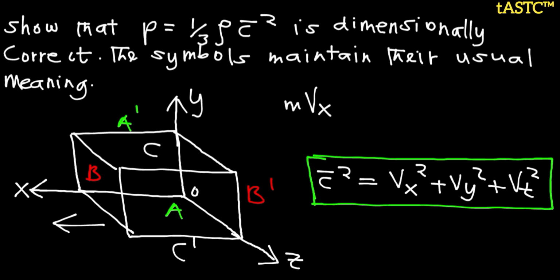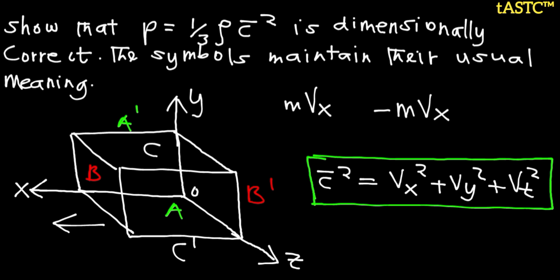So as it strikes this part, we're going to have another amount of momentum, which in this case, I'm going to say we have it as minus mvx. So there are actually two momentums because we have the gas bouncing away from the face B and rebounding from there, moving away to the face B prime. And so these are going to be the two momentums which would be accompanied with that gas molecule.